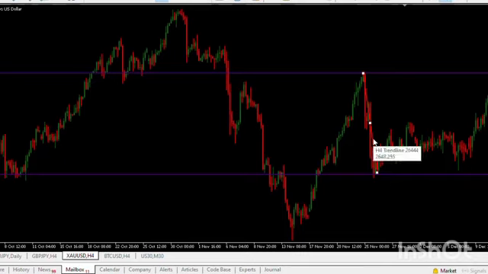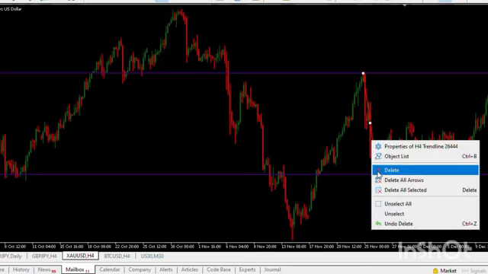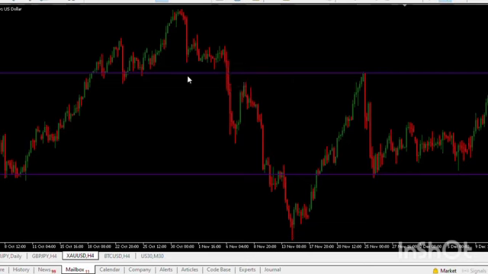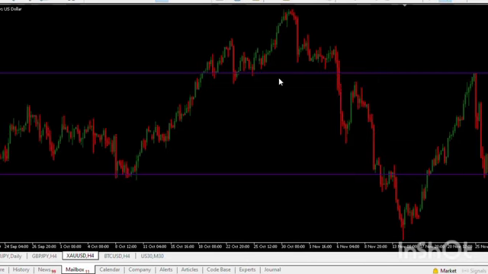Now let me spot another very key reversal in the market. Now look at this level that was your supply zone here. When you watch very clearly, you will see a head and shoulders pattern forming here. This is also a clear one.